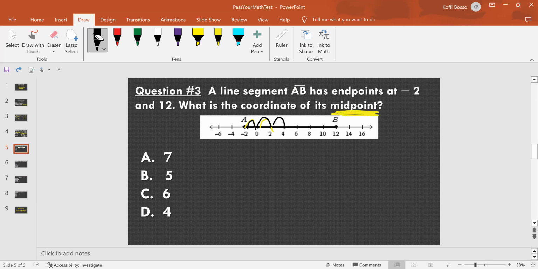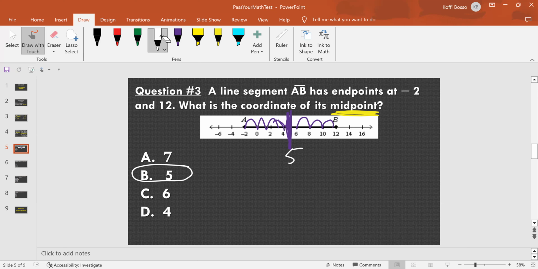To be specific, suppose I move 1, 2, 3 from A, and I move 1, 2, 3 from B. That is 3 units. We jump to 4. The middle point will be between 4 and 6, and that value is what? 5. So the correct choice is B.